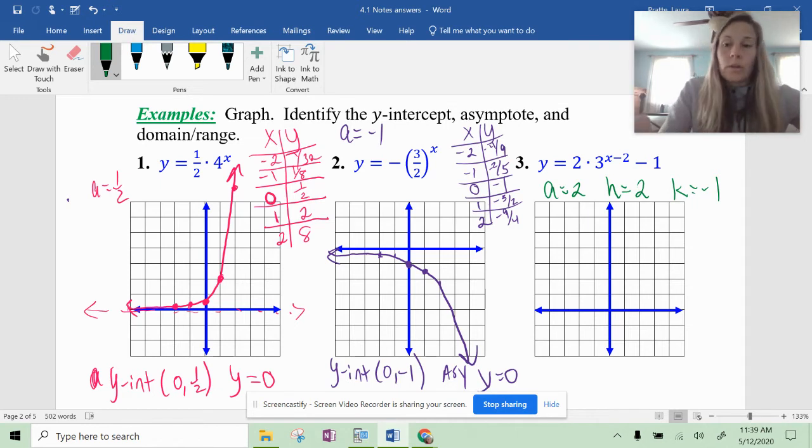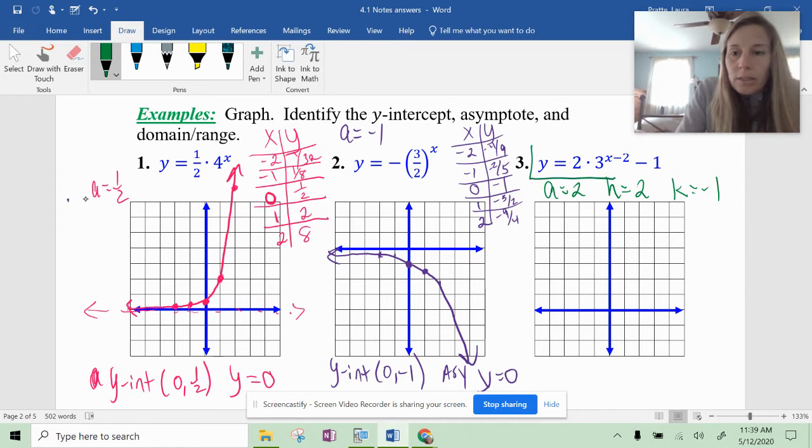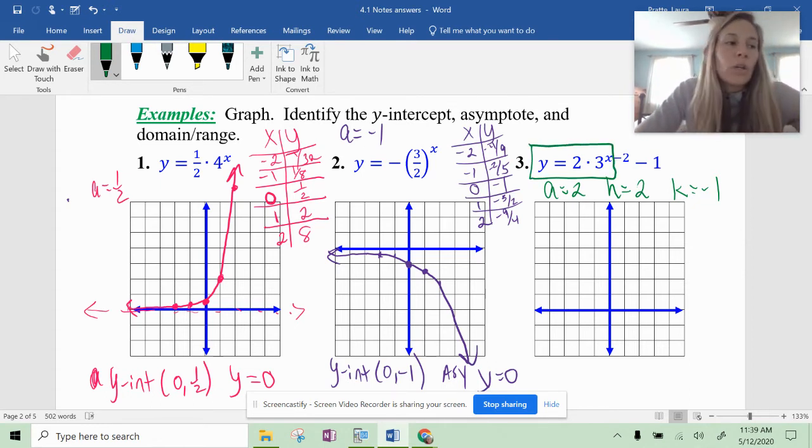Okay, so the parent function of this would just be this. Now you have a graphing calculator, so using a parent function isn't necessarily necessary because you could just plug this whole thing into your graphing calculator, get the points on your table, plot them, and be done. But if you didn't have a graphing calculator, you would probably not want to make a table for this big thing because it's just a little more confusing. So you would just graph this parent function.